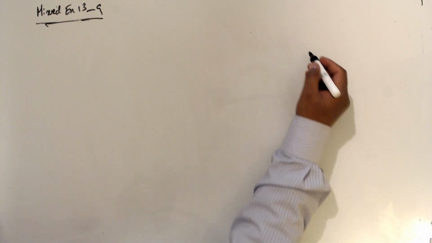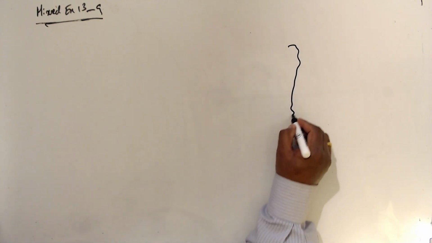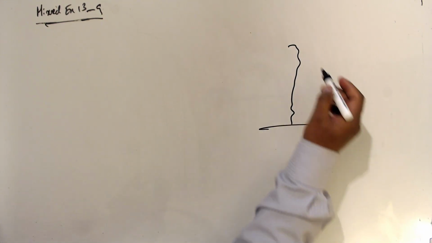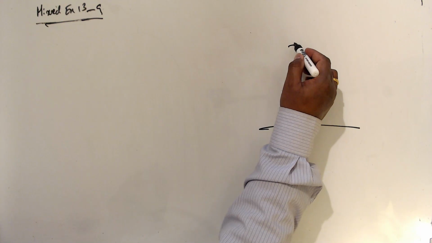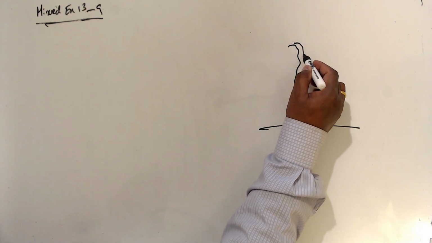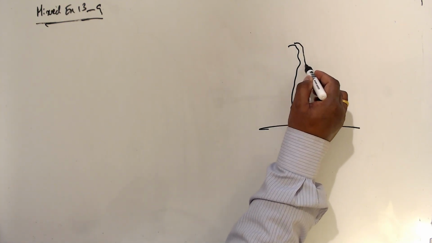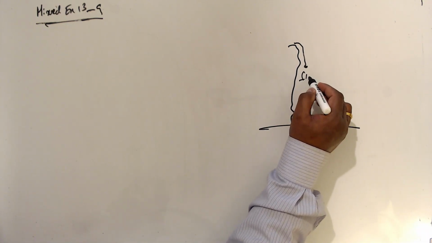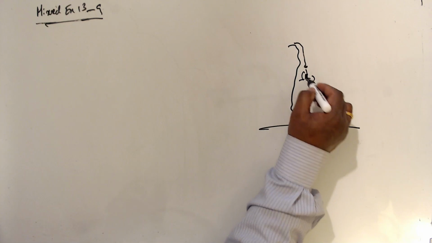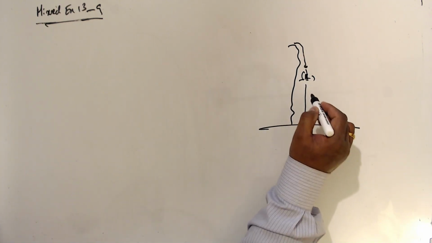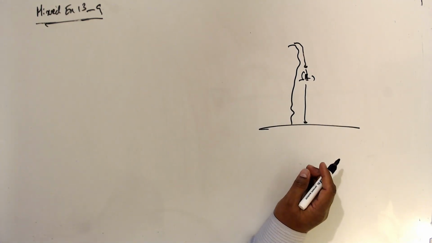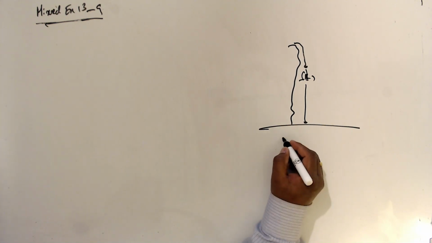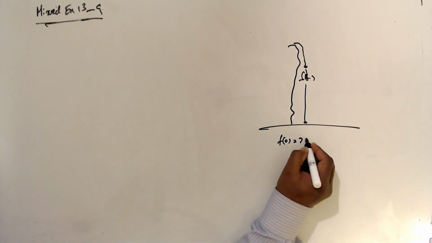Question number 9. There's a cliff, and a rock falls from here. So this height is given by f(t). f(0) is 70.